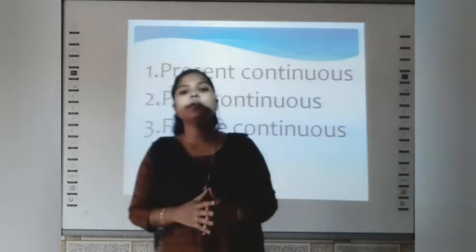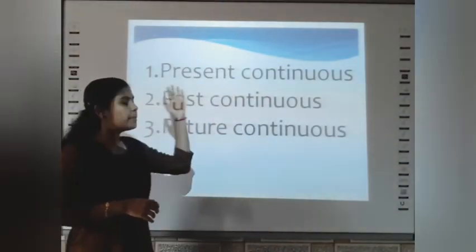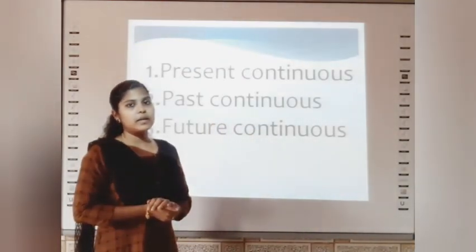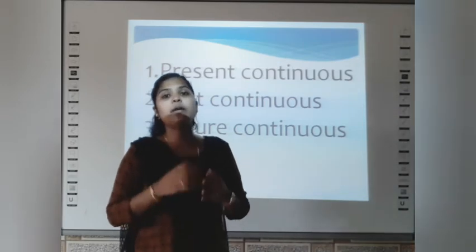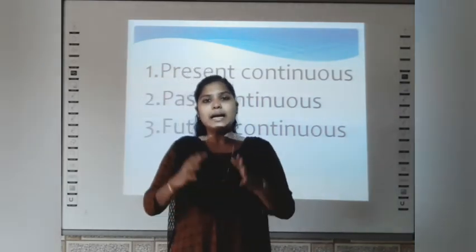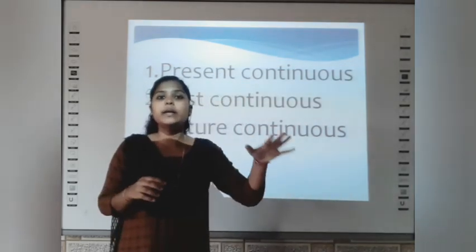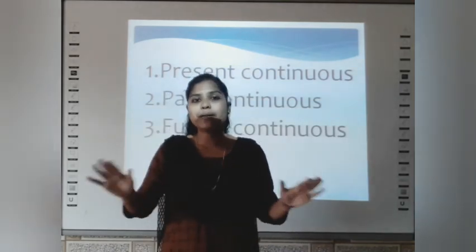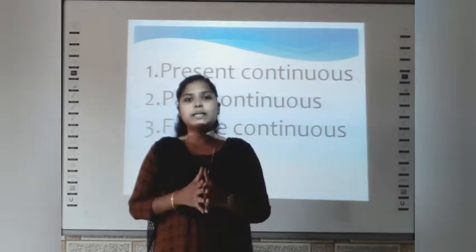In this continuous form we have three kinds. They are present continuous tense, past continuous tense and future continuous tense. By looking at these topics, you may have identified what they mean. Present continuous means a situation in which the action is going on at the present time. If I am talking about now, the present situation.